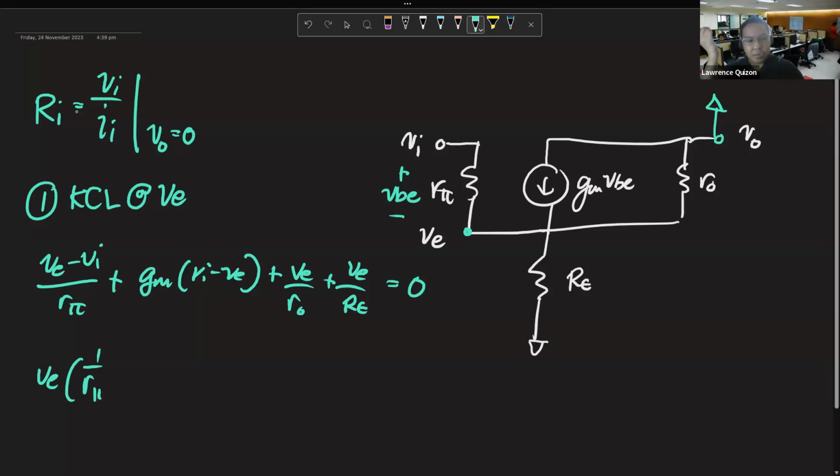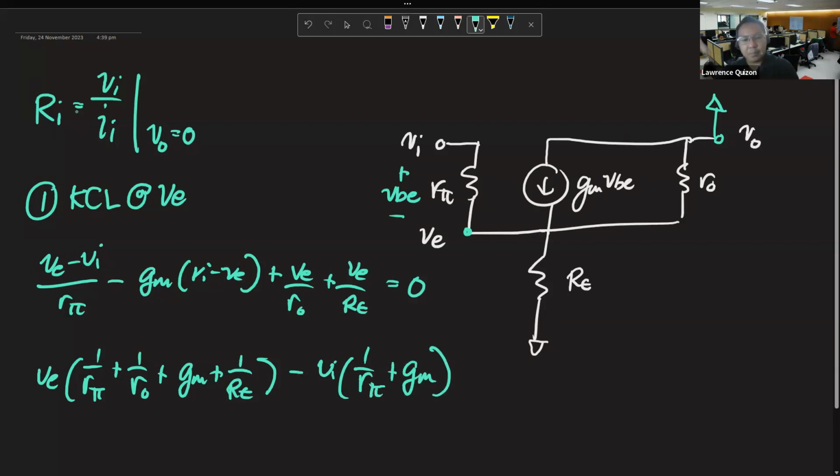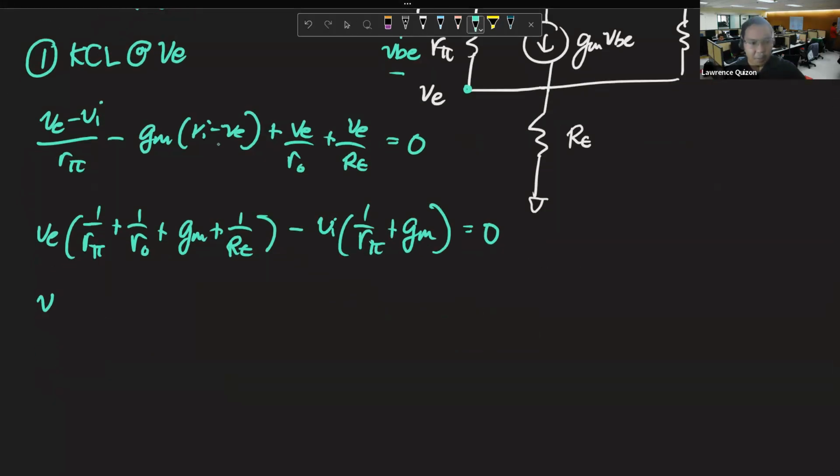So that's 1 over R pi plus 1 over R out plus this is GM plus 1 over RE. And then VE minus V in. Kaso minus to, no? So that's plus GM plus 1 over RE minus V in times 1 over R pi plus GM is equal to 0, no? And we get the same equation from before.